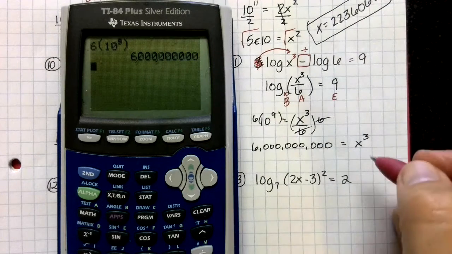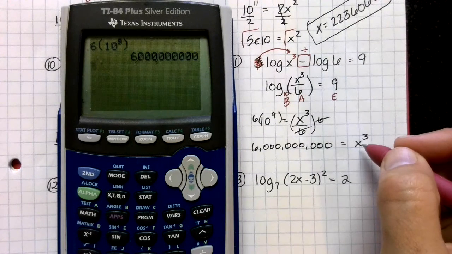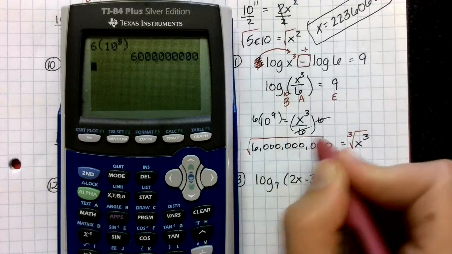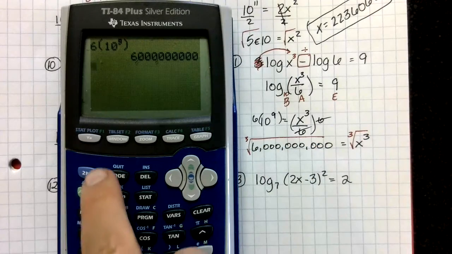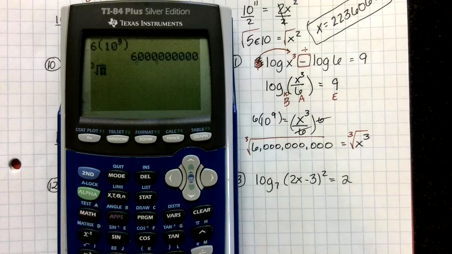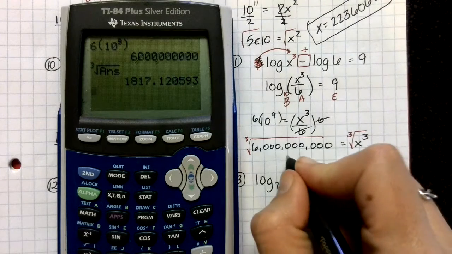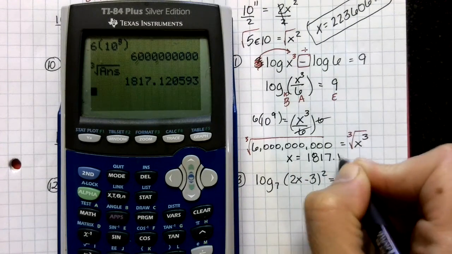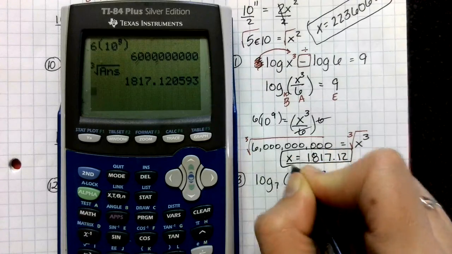So hopefully you remember now, to get rid of a power of 3, we have to take a root of 3. So we're going to take a third root. So remember, if you go to math, option 4 of your answer. So I get x equals 1,817.12.